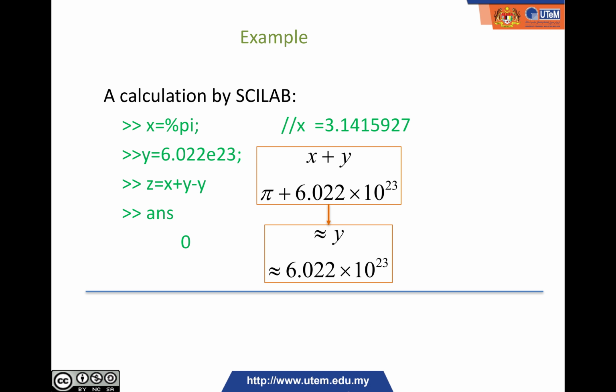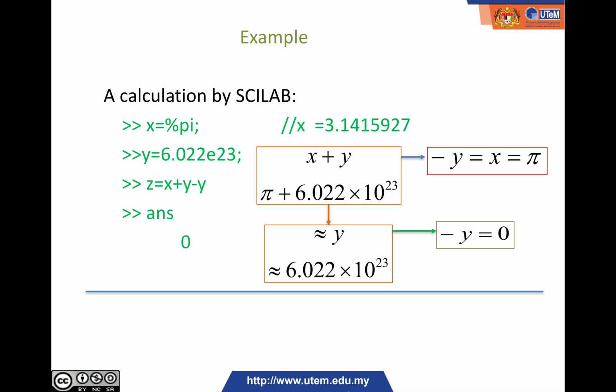And hence, z equal to x plus y minus y becomes y minus y, which returns a result of 0. In fact, the actual answer should be pi instead of 0. As a consequence, we get a 100% relative error in this case.